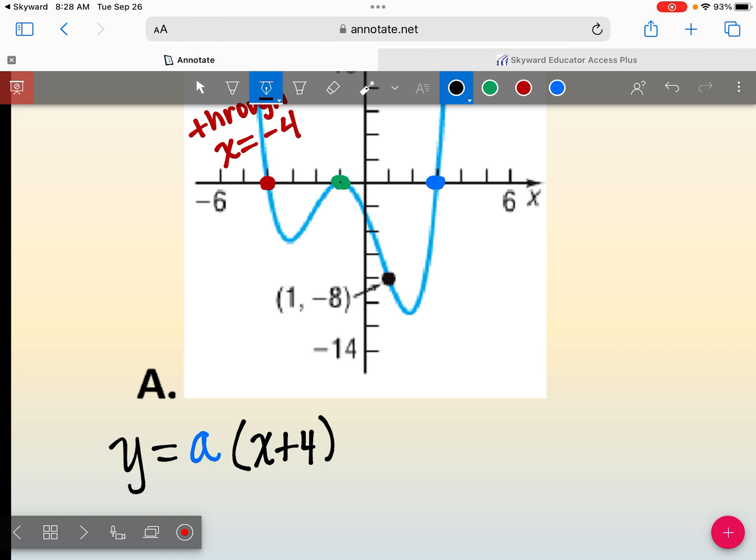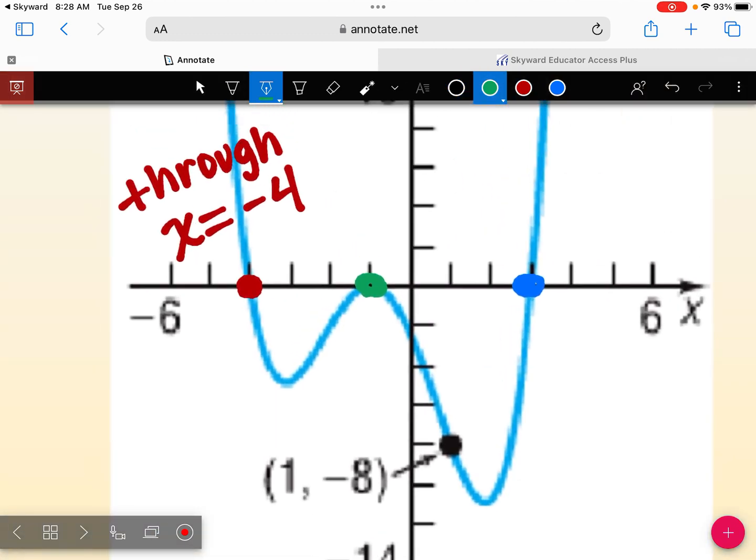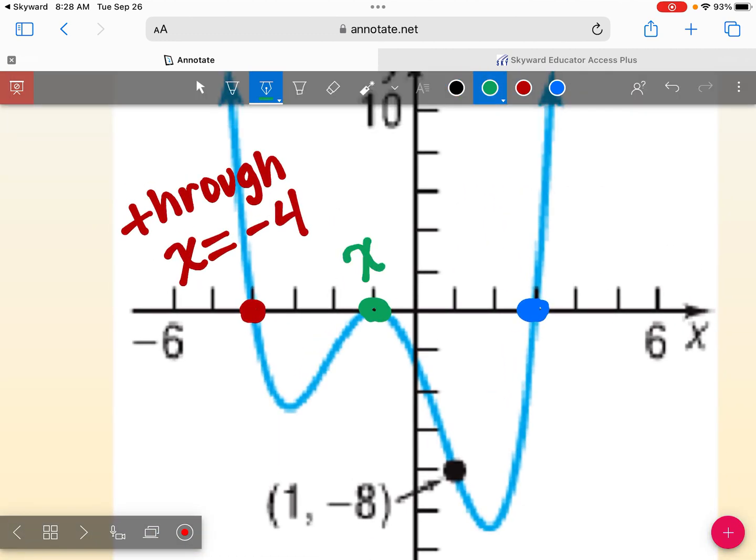My second zero is at -1. But notice that it doesn't go through the x-axis. It bounces off, which tells me what about my factor? Multiplicity is 2. Good.